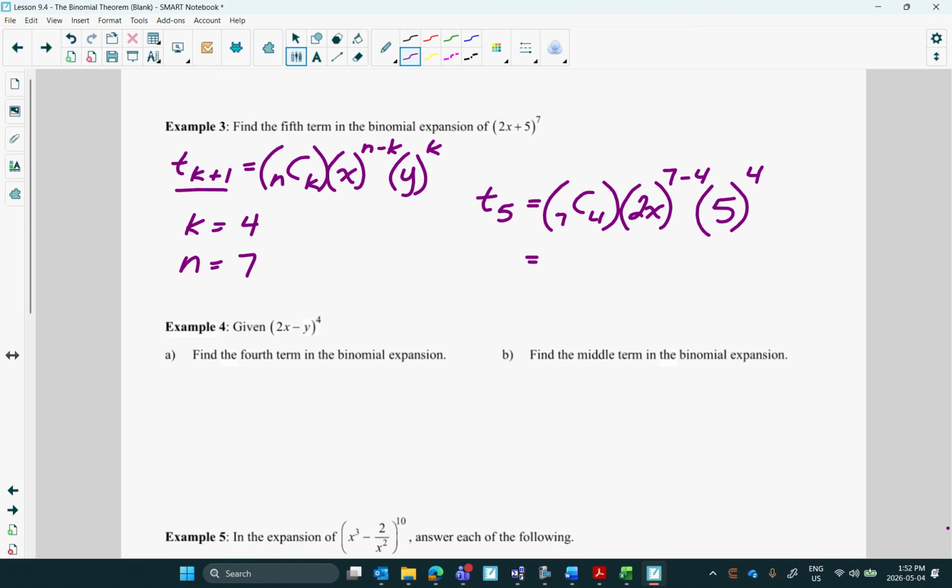Did you know the answer? Yes. Okay. This is the same as 2x to the third, right? What's 5 to the fourth? 625.